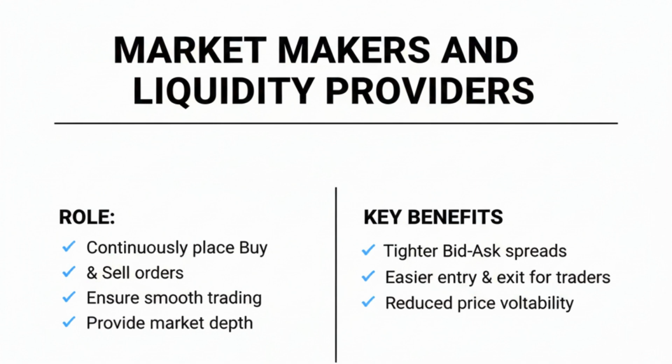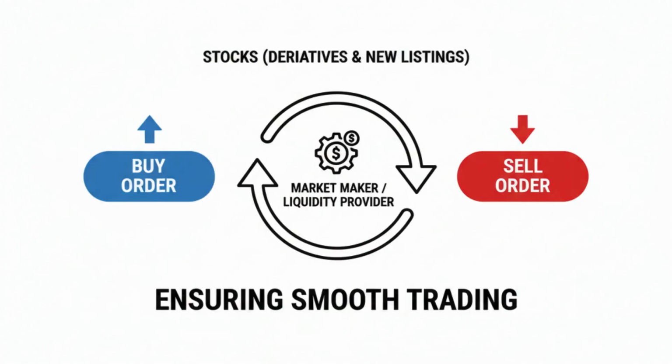Market makers and liquidity providers. In some stocks, especially derivatives or newly listed companies, there are market makers or liquidity providers. Their job is to continuously place both buy and sell orders to ensure smooth trading. Because of market makers, bid-ask spreads stay tighter.